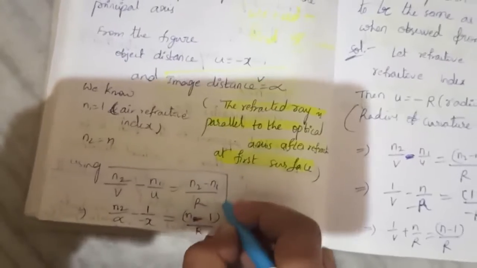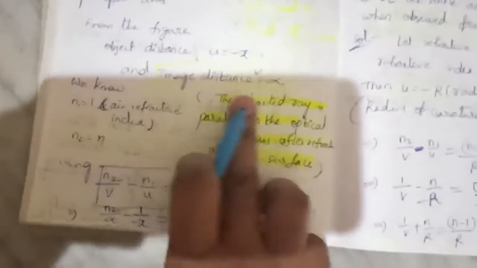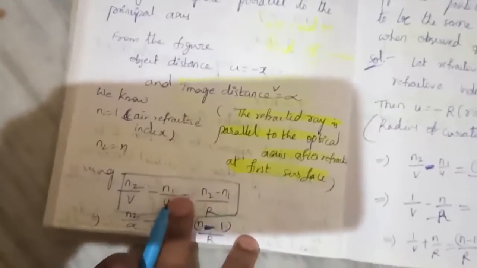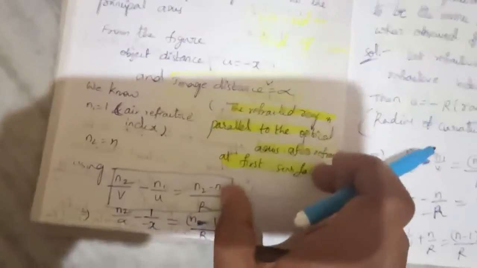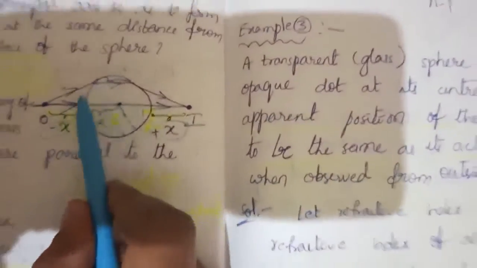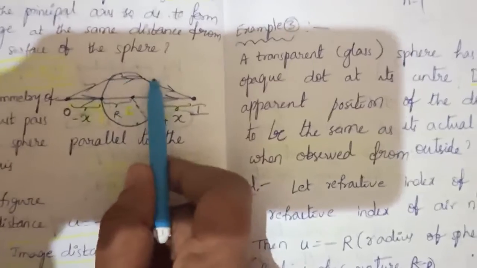By using the curved surface formula, here we are taking v. I think you got a doubt here, children. Why are we taking infinity here? Because the refracted ray is parallel to the principal axis.